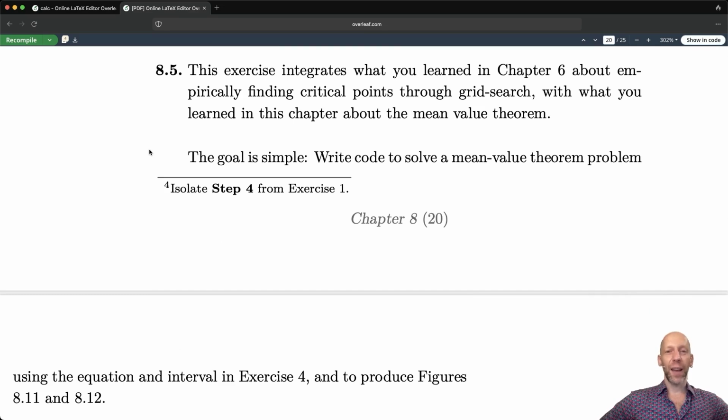This is a really great exercise because you have to integrate concepts and code about numerical approximations and the grid search method from Chapter 6, about critical points from Chapter 7, and about the mean value theorem from this chapter, Chapter 8. So the goal is deceptively simple.